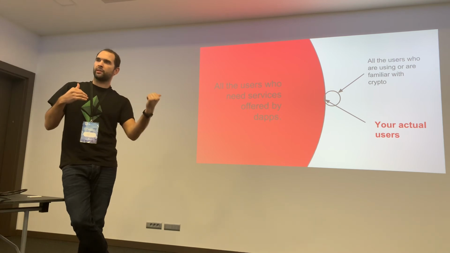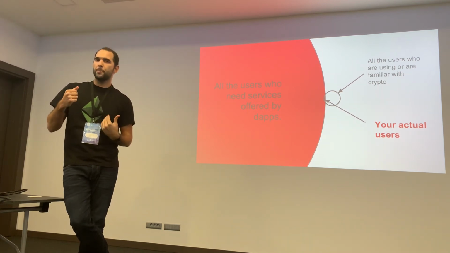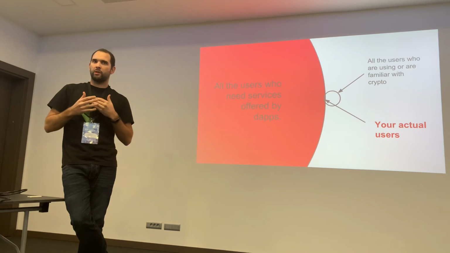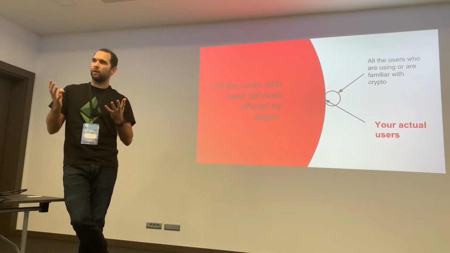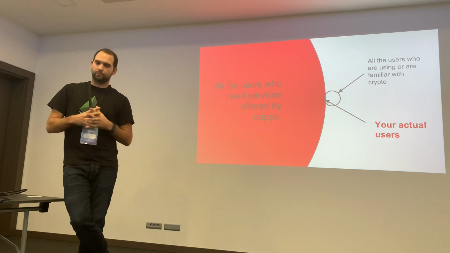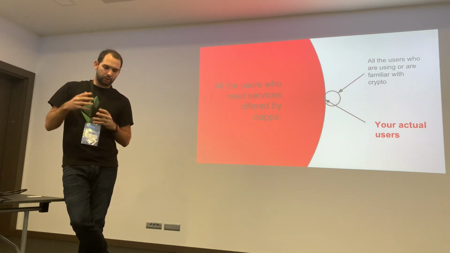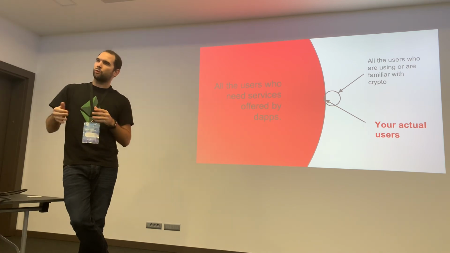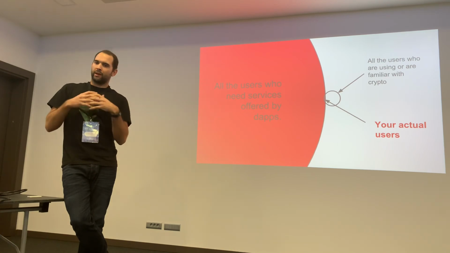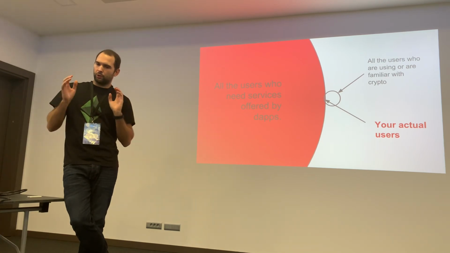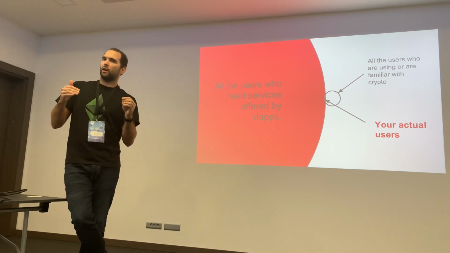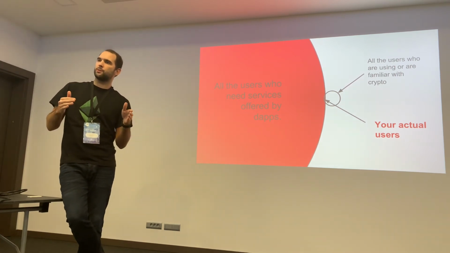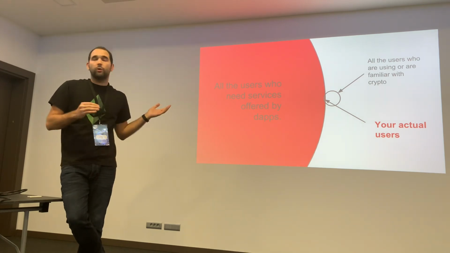This is banks banking smart contracts and taking their cut of it. And if you believe, as I believe, that smart contracts and dApps will become a huge economy on its own, then you can imagine that many banks will want to be able to provide them services. Banks will want to use their special position of having the access to all of these users. And this is what we do.